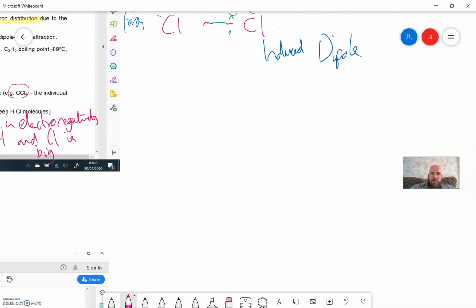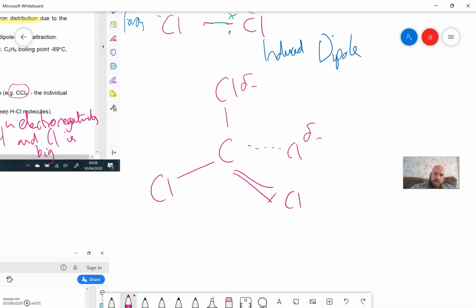Well, if I draw it out, CCl4 is tetrahedral: delta negative, delta negative, delta negative, delta negative, and that's delta positive. Because all of the partial negative charge is spread evenly around the whole molecule, they sort of cancel each other out. So even though there are polar bonds, because those polar bonds are all distributed evenly, the molecule is non-polar.